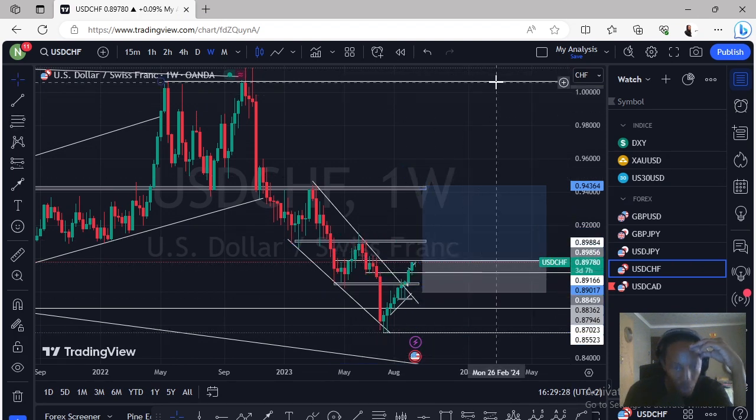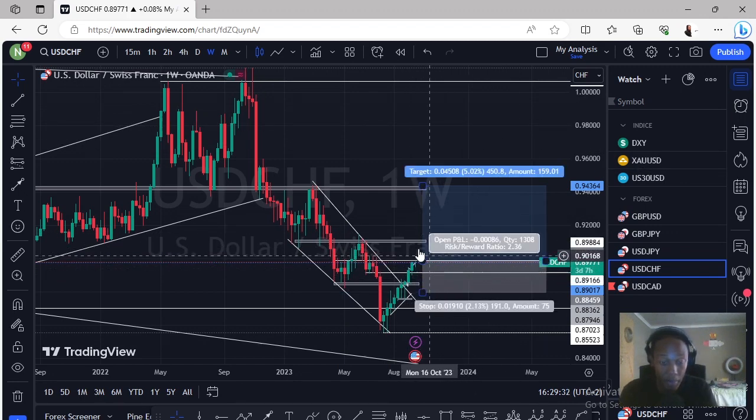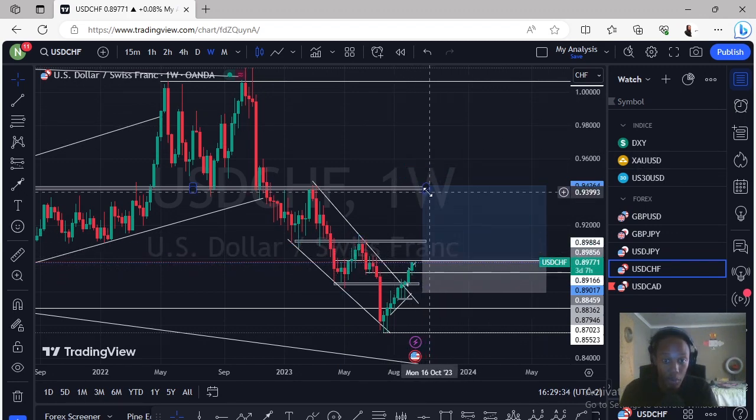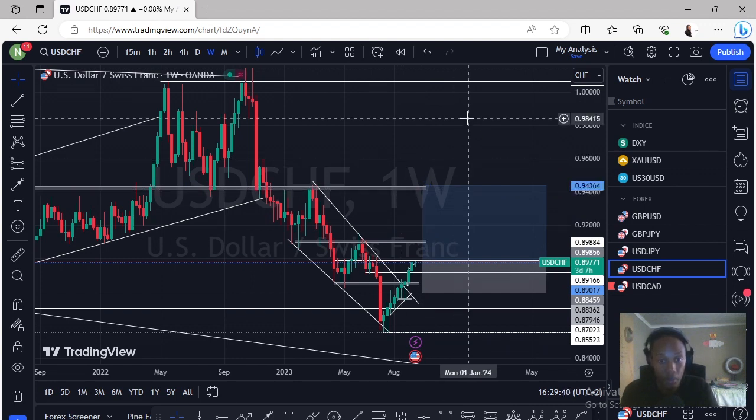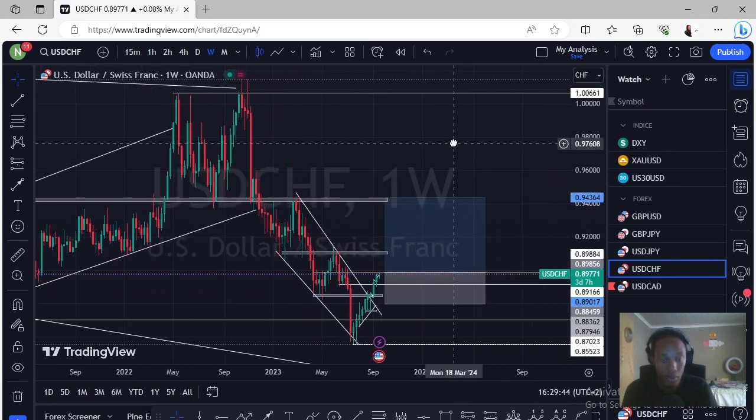Okay, we might still head down, but for now I'm anticipating the market to come to this area over here, 94,239 area, which covers about 400 pips.